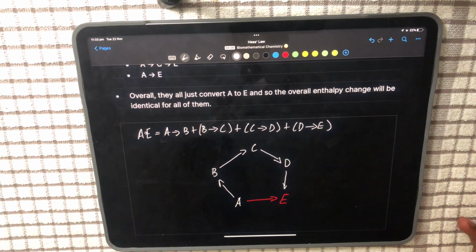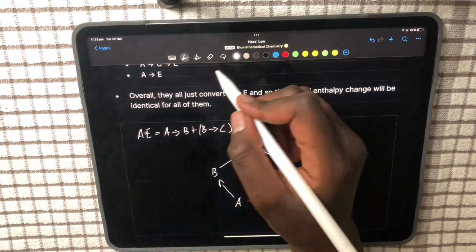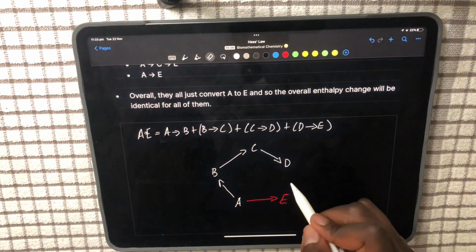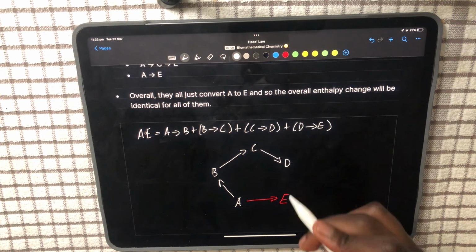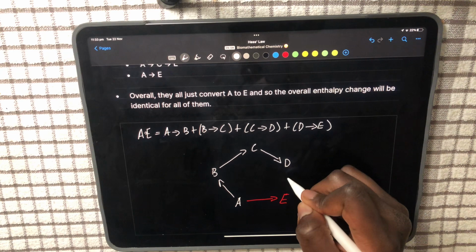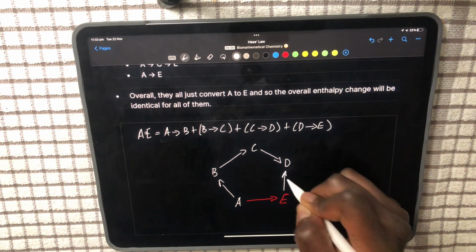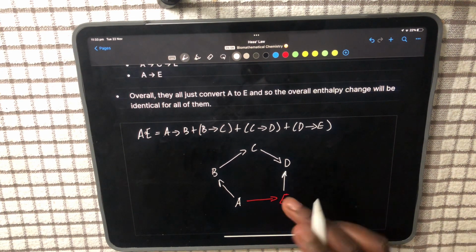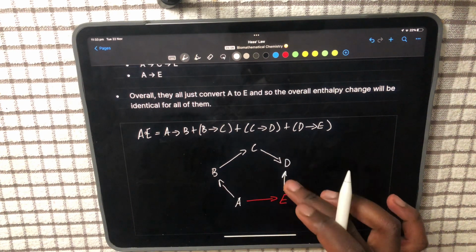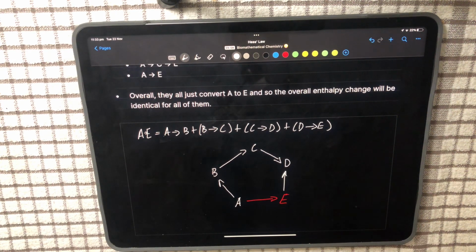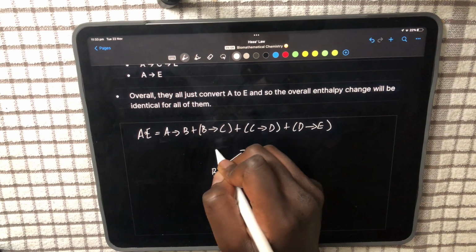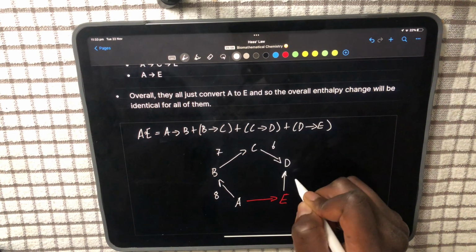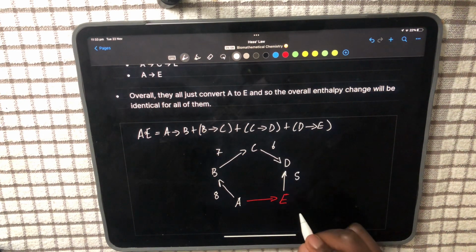I think it's pretty obvious what's going on here, right? But some people might get confused by the small factor of this. If you know vectors, then this isn't a problem for you. If you've done maths, then this isn't really a problem for you. But let's say you get this situation here, right? You think, oh no, but I can't go from A to B to C to D to E. Then you just take it, let's say this is 8, 7, 6, and 5. So to go from A to E, it's the same as vectors, right?